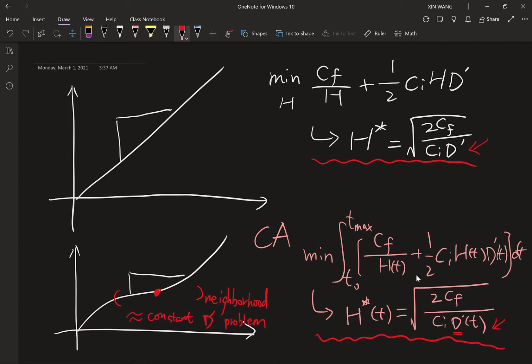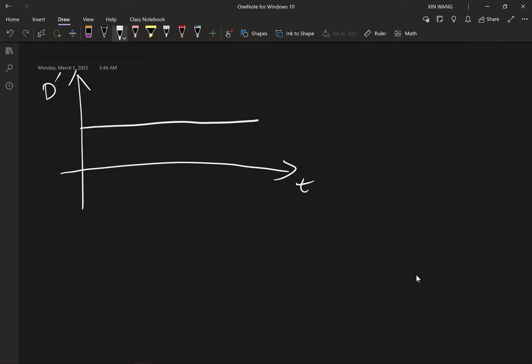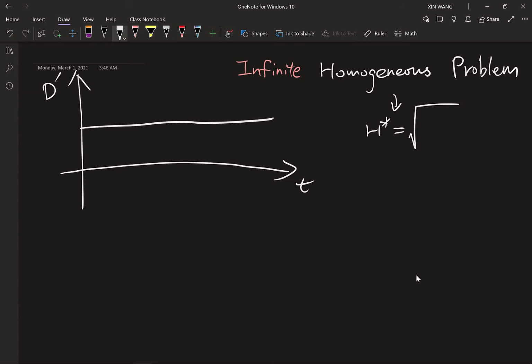When the demand rate is constant over time, we call this case a homogeneous problem. Typically, we do not have a specific boundary on the time dimension, so we may call it an infinite planning horizon homogeneous problem.